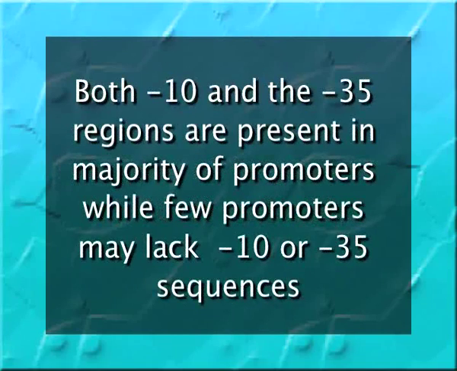Both -10 and -35 regions are present in the majority of promoters, while few promoters may lack either -10 or -35 sequences. Each promoter has a certain degree of variation from the consensus sequence, and the promoters of highly expressed genes should not deviate much from the consensus sequence.